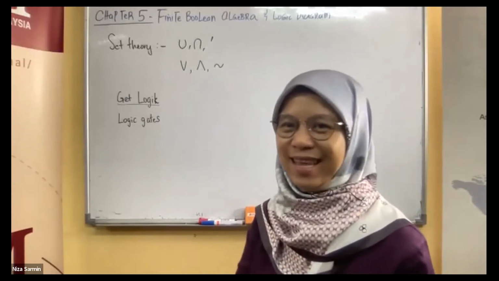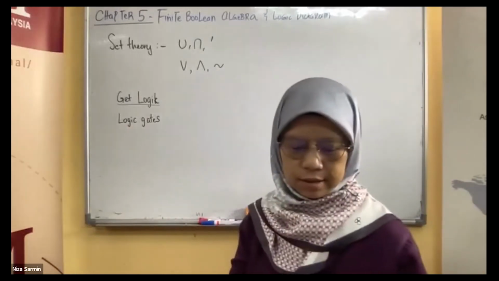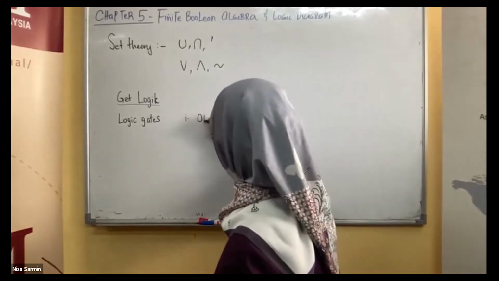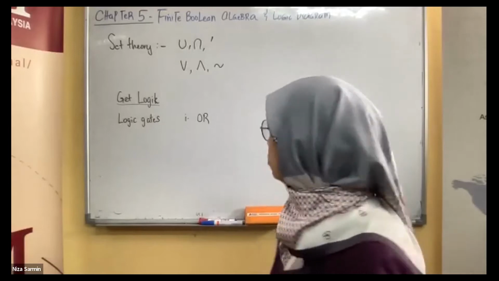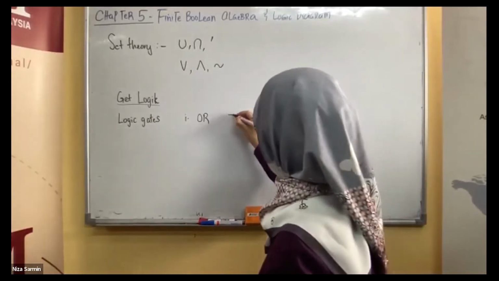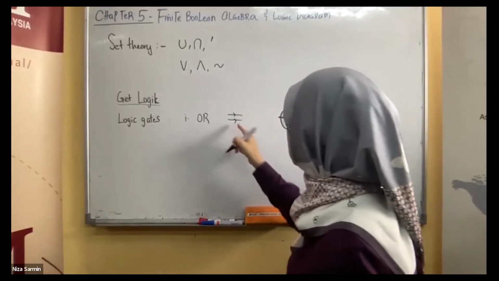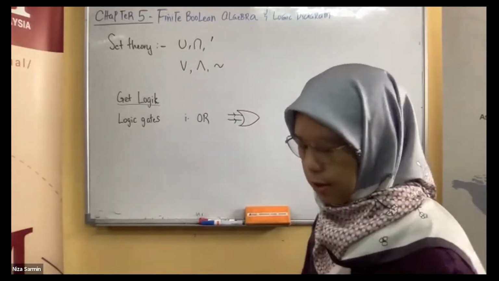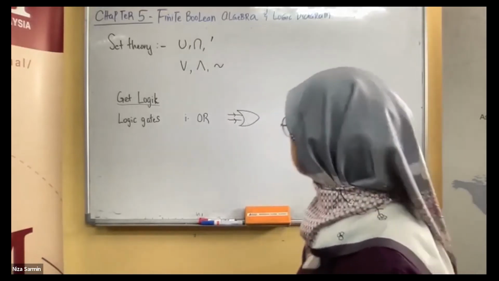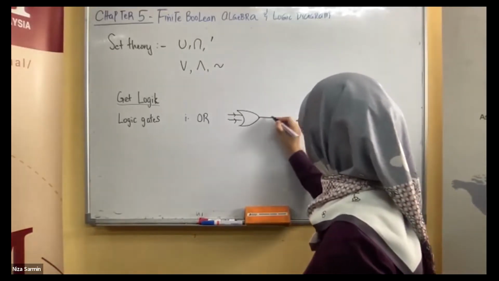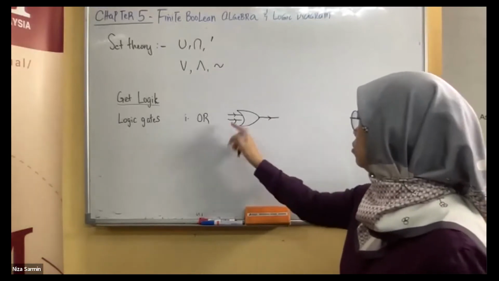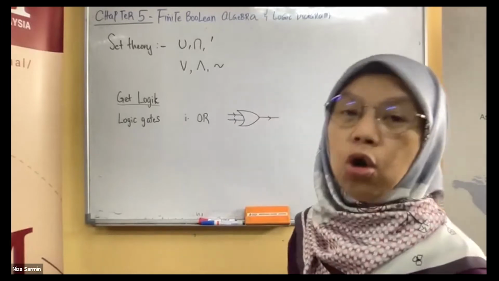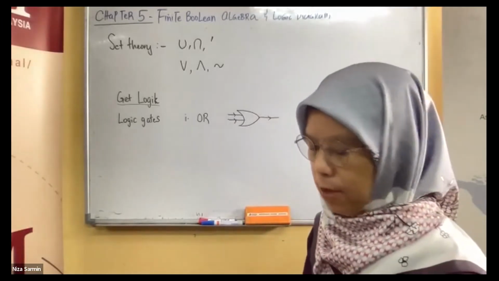But the logic gates, the first one is the OR. Some books use just one arrow, but I will use two arrows in and one arrow out. Two arrows in always, and one arrow out. This is called the OR logic gate.